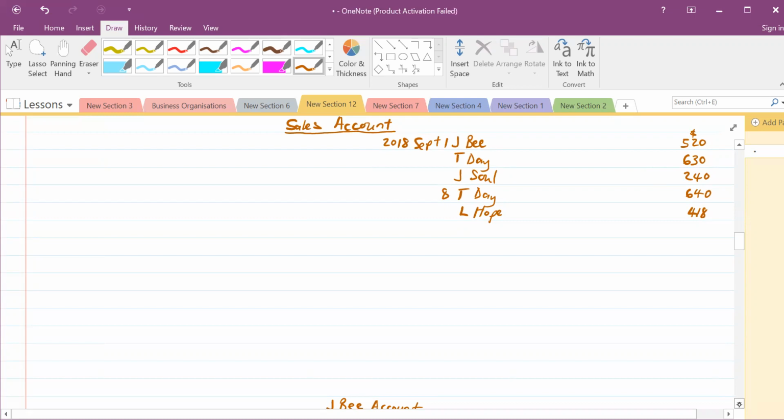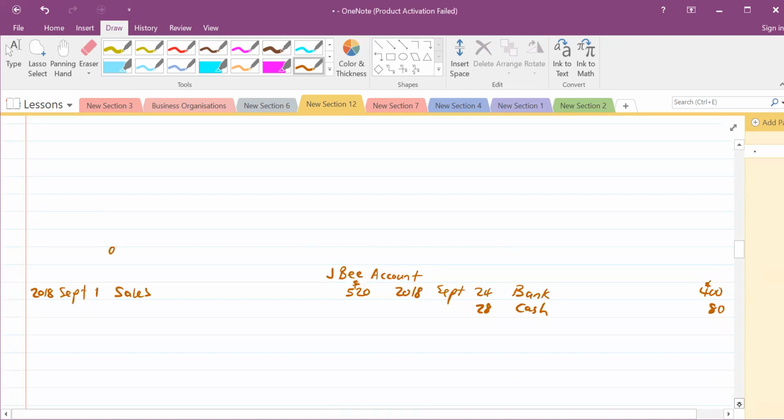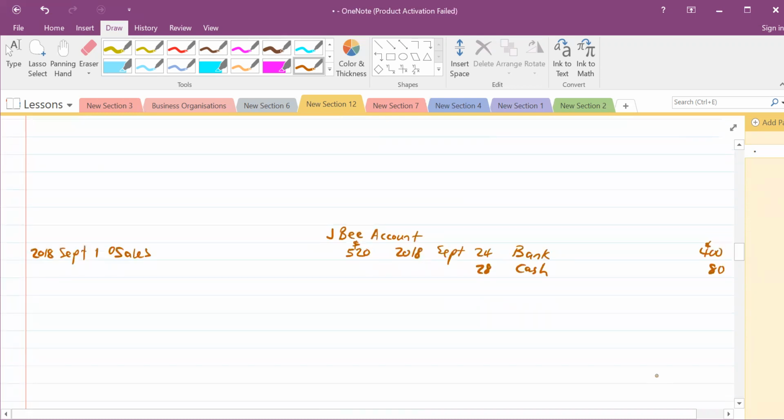Anyway, let me balance off this one. From this, if you check to see, we have 520 on the debit side, and then we have 480 on the credit side, which means this particular individual still owes us money. So we can say September 30, and then we say balance CD, credit down, which means they owe us money. Okay.